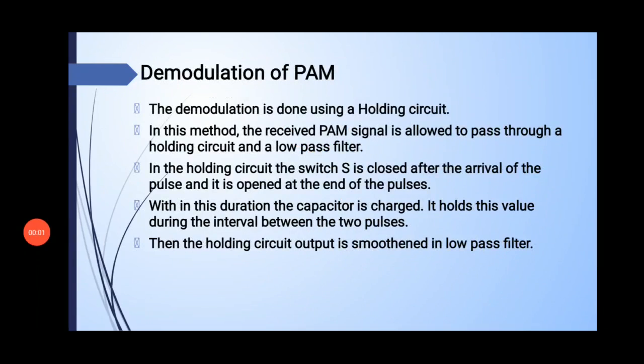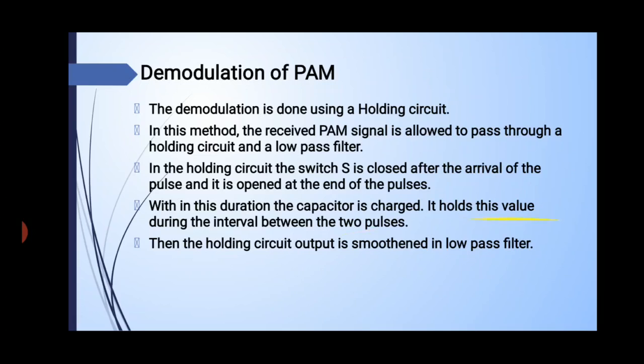Next is the demodulation of pulse amplitude modulated signal. Demodulation is the reverse process of modulation, in which the modulating signal is recovered back from a modulated signal. For pulse amplitude modulated signals, the demodulation is done using a holding circuit.